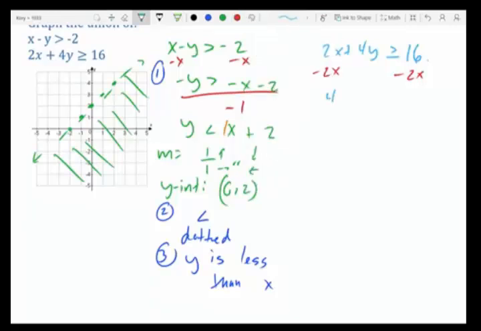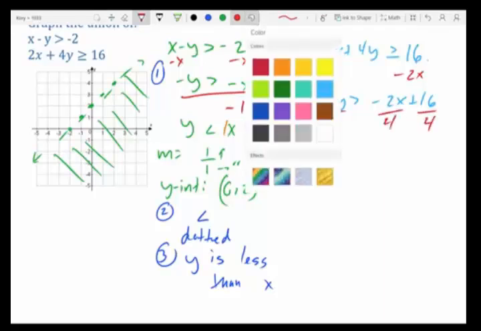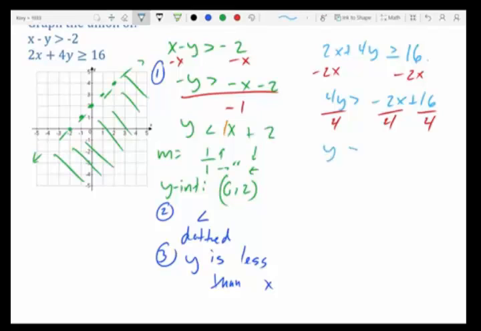So we have 4y is greater than negative 2x plus 16. And then we need to divide everything by 4. So we have y is greater than negative 1/2 x plus 4. We reduce 2 over 4 to 1/2.